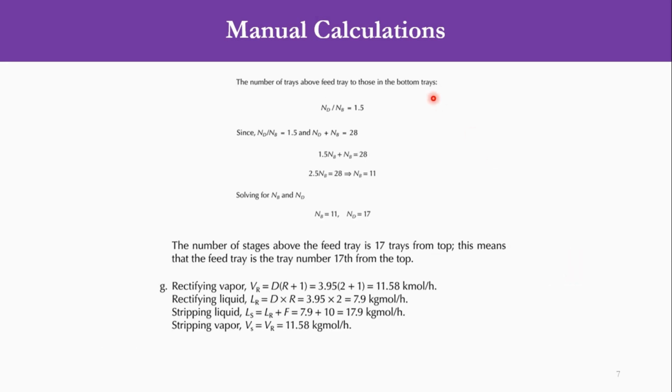So accordingly, when solving it, we get the value of NB as 11 and ND as 17.